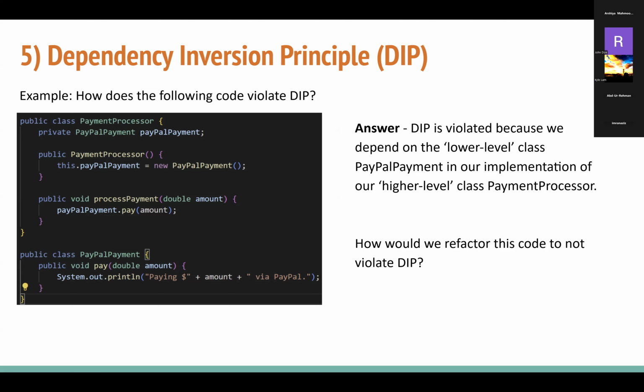So if you think about PayPal payment, something really specific, when you use it in a processor, if you change anything, PayPal payment will affect payment processor. That's the main issue with high level things relying on lower level ones and not abstractions.